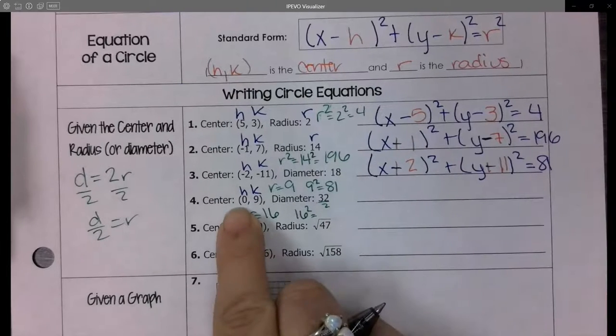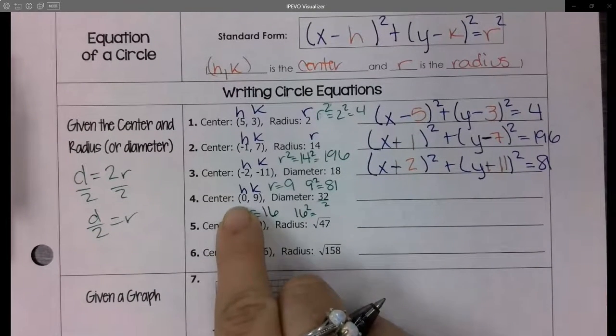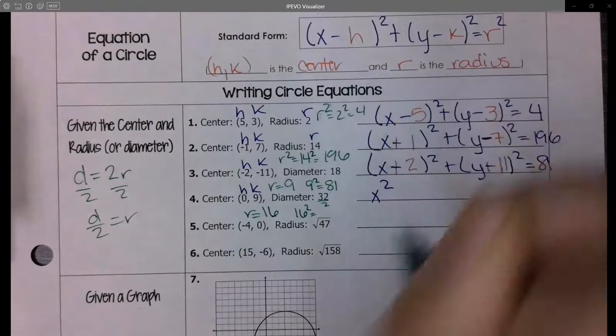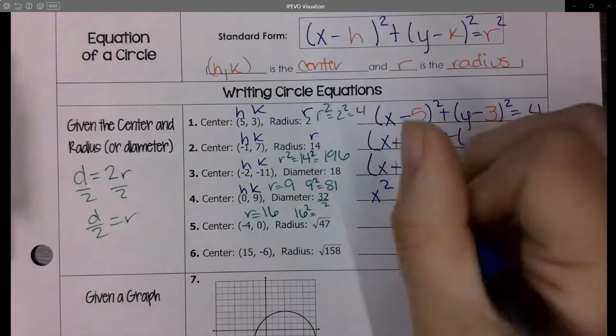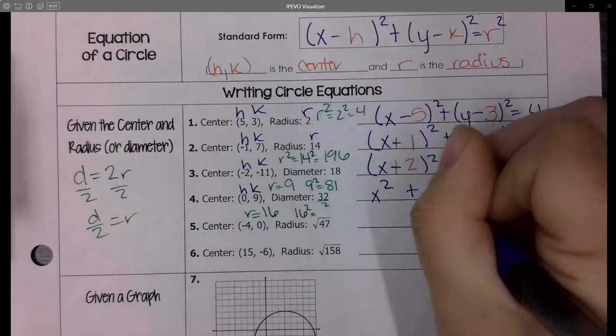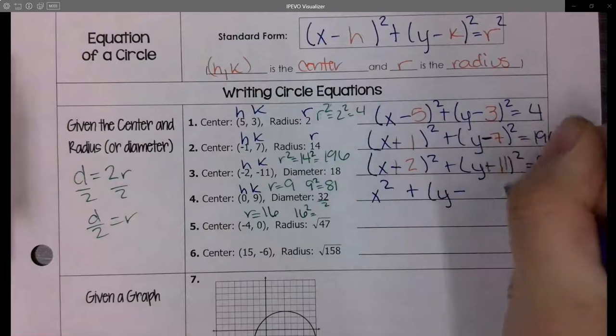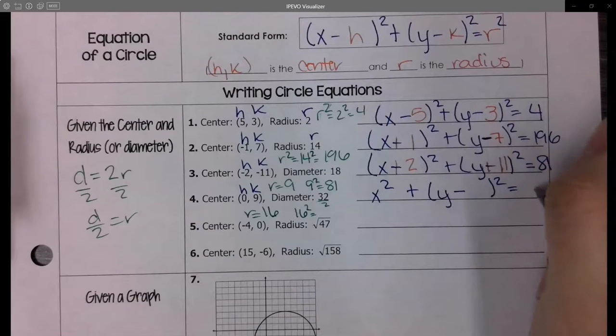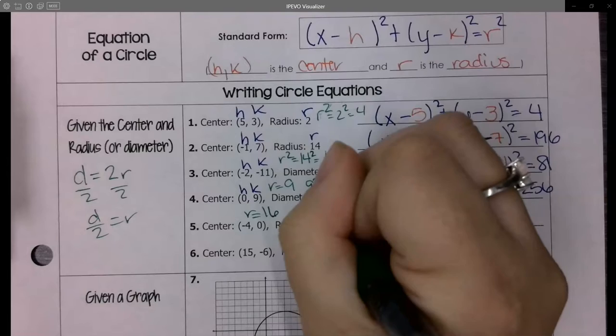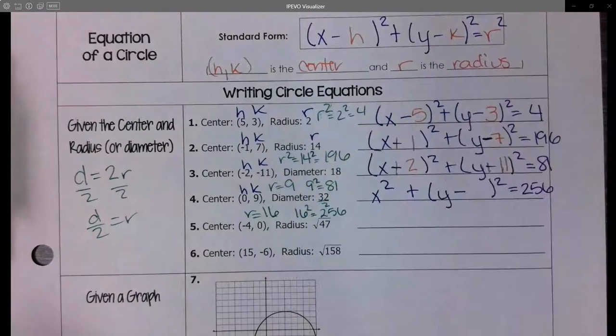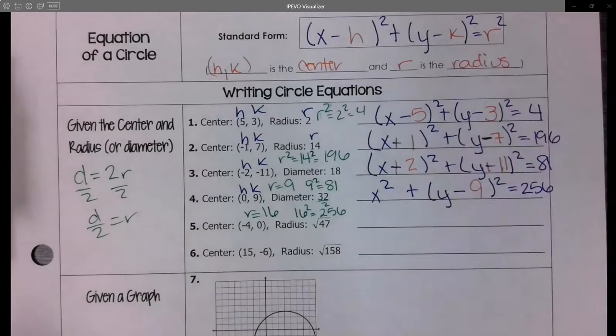So on this one, since my center for h is 0, I don't have to write anything. I can just write it as x squared. And then my k was 9.